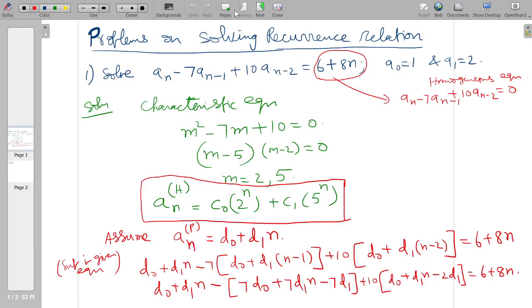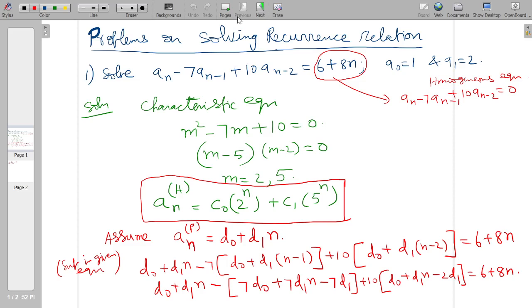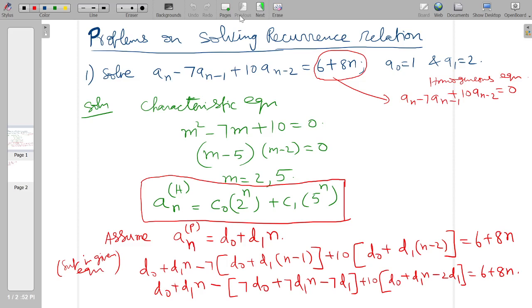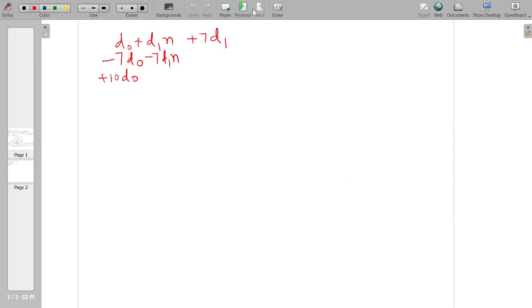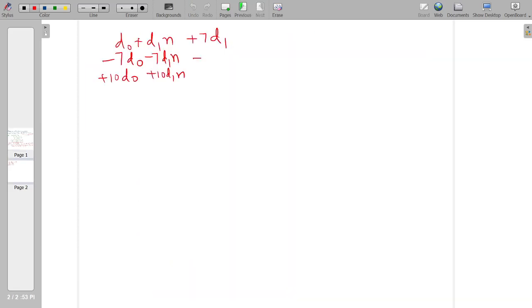Next term would be plus 7 d1. Next one would be plus 10 d0. Next term is plus 10 d1 n. Next term is minus 20 d1, and this is equal to 6 plus 8n.